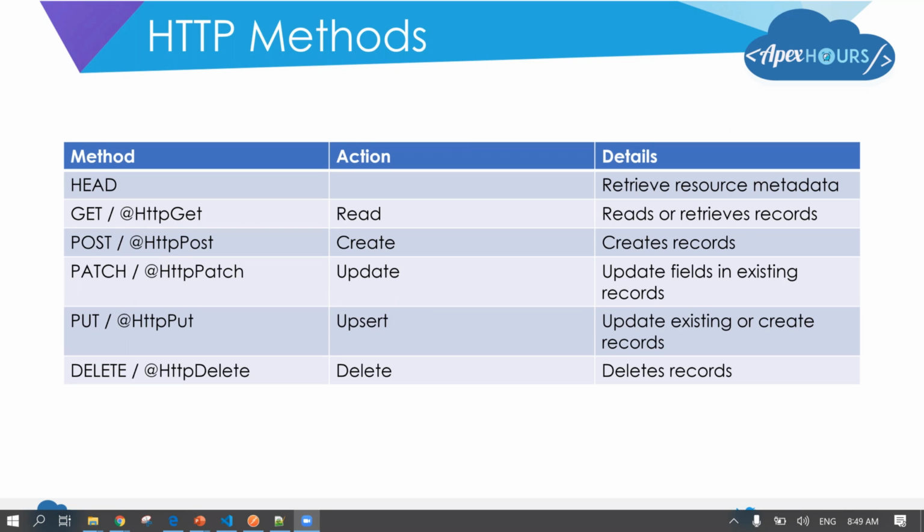So they're like your DML operations. The only difference is these operations are performed on a remote system. So these methods are used to tell the remote system what kind of operation is being performed. When the message is sent from one system to the other, it has a message format which actually has the method written there.